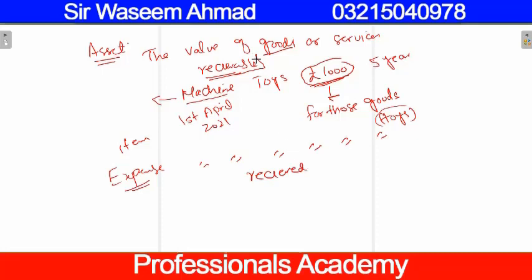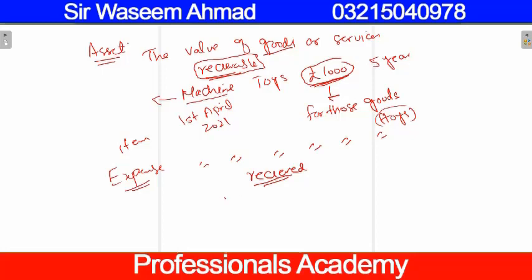What is the difference? When the goods are receivable or services are receivable, that means you have paid an amount for something, that something is goods or services which are receivable, then it is asset. But if you are paying the amount and you have received the services, it is your expense.